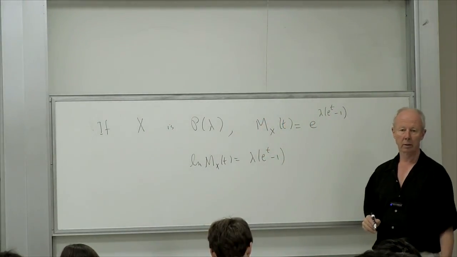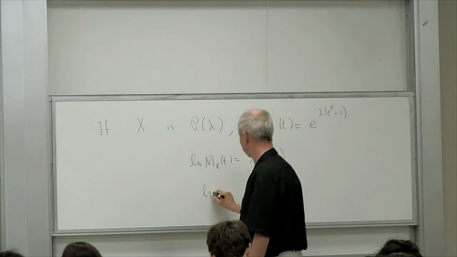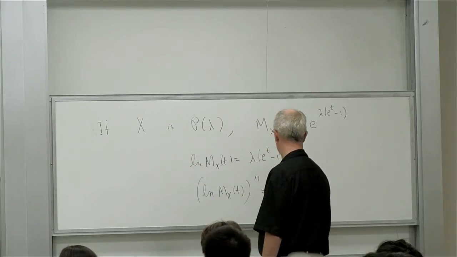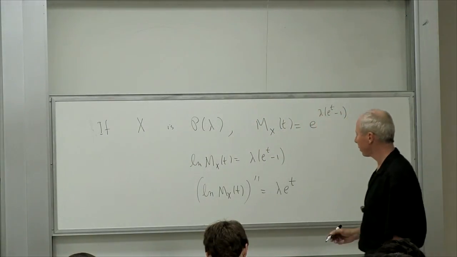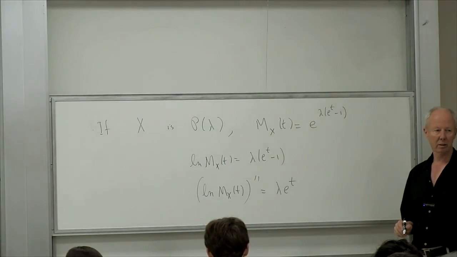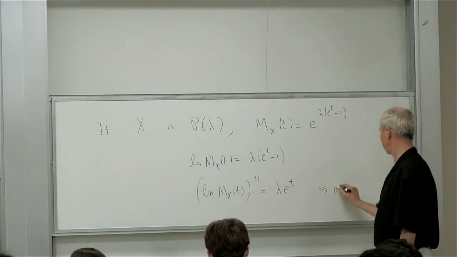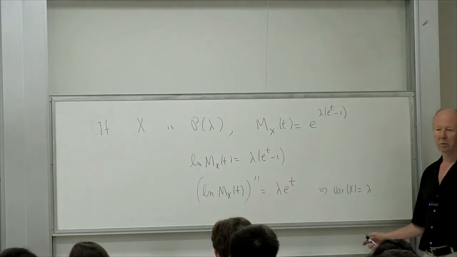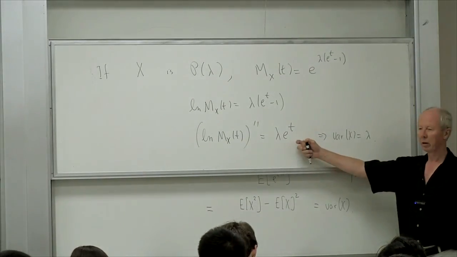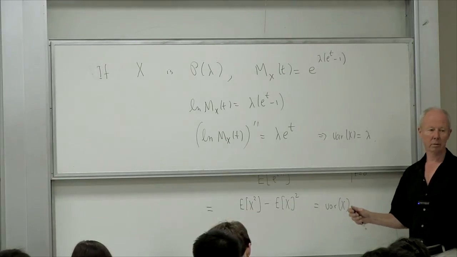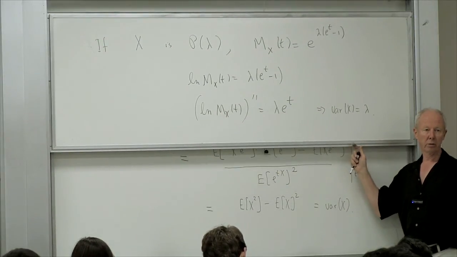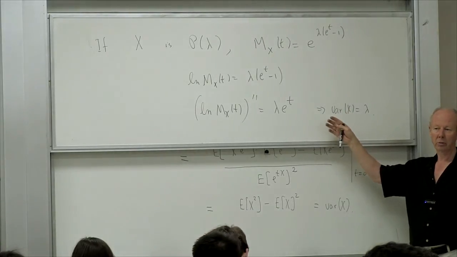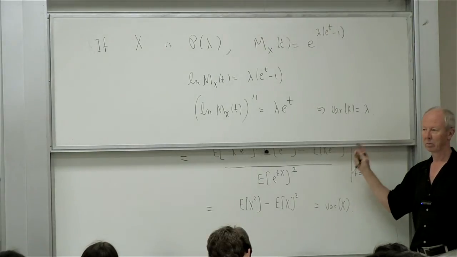There it is. If I differentiate twice with respect to t, I just get lambda e to the t. Means the variance of Poisson is lambda, because I evaluate this at t equals 0, I get lambda. If you do this calculation using the PMF of the Poisson, you can do it, but it has several steps. This is much easier.